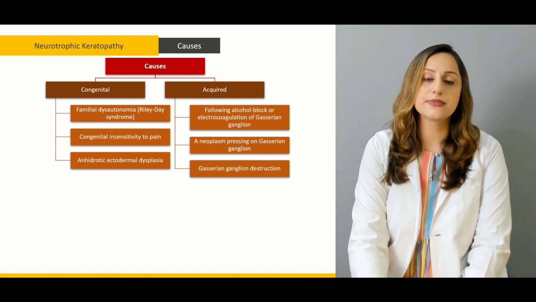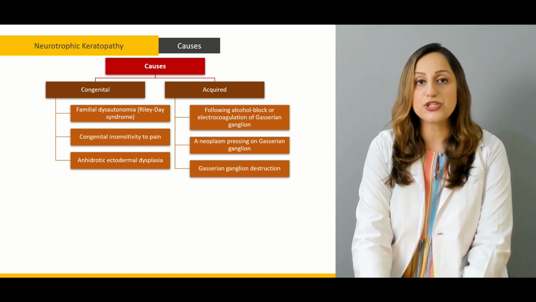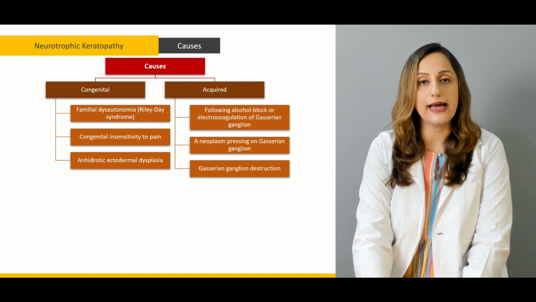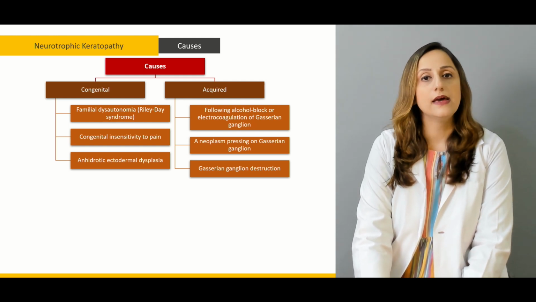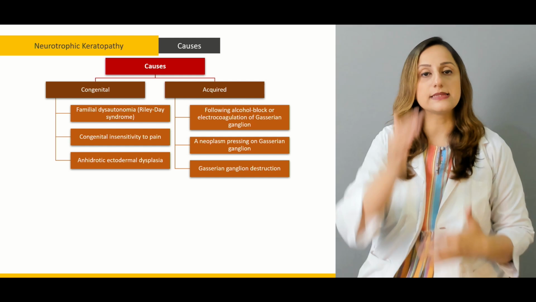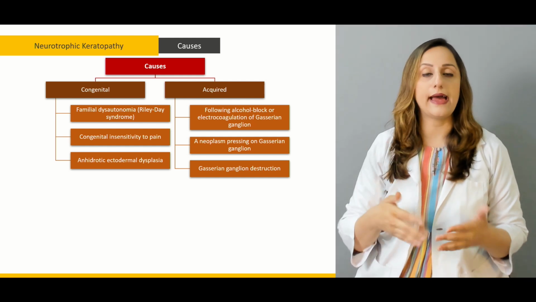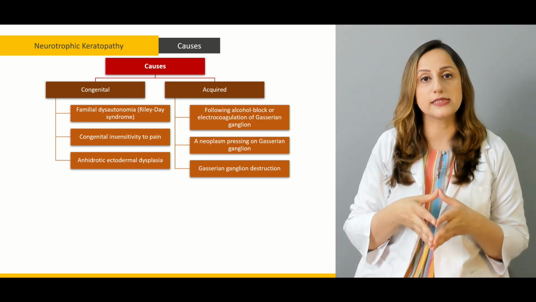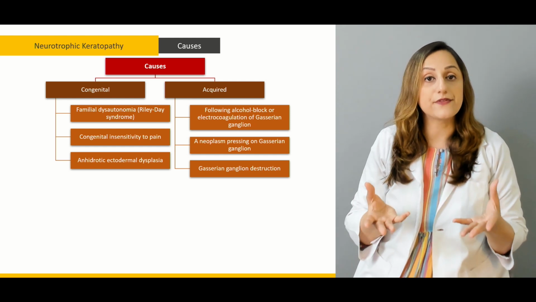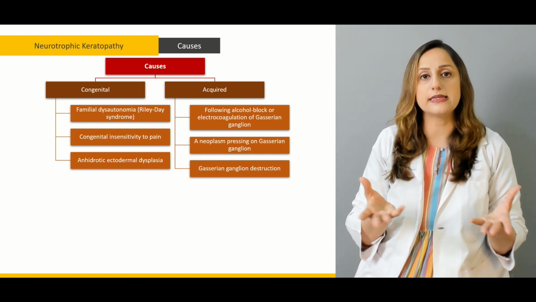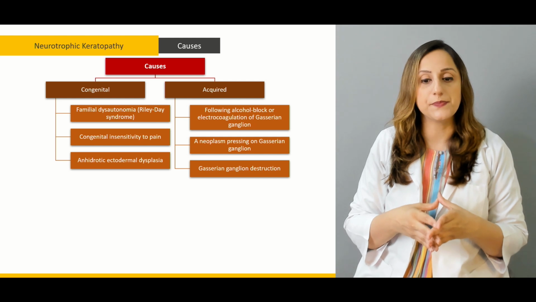Even a neoplasm, so tumorous conditions, can pressurize the Gasserian ganglion, and finally it can result in insensitivity to pain, insensitivity to touch of the cornea, and that is ultimately going to result in ulcerative keratitis or just keratitis, even exposure keratitis, for example.